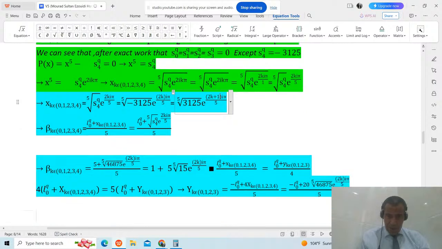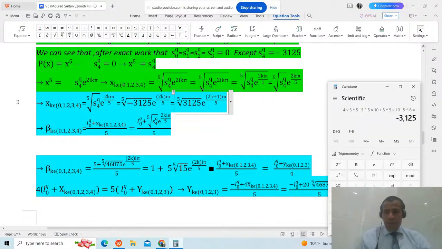We continue. Now we get this one, learners, raised to the power 0.2. It will be 5.